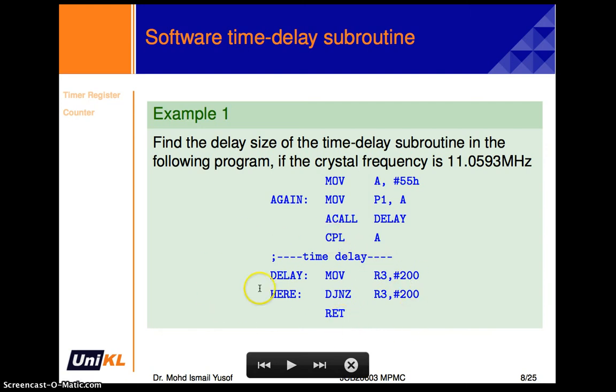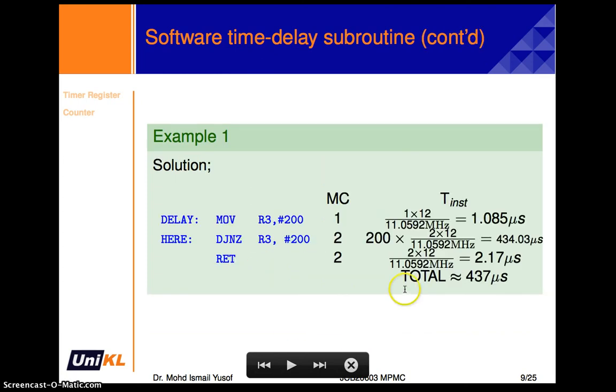Now we want to calculate how long this time delay subroutine takes. Having known that the formula is 1 times 12 over the crystal frequency, looking at the 8051 instruction table, we know that the MOV instruction takes one machine cycle.